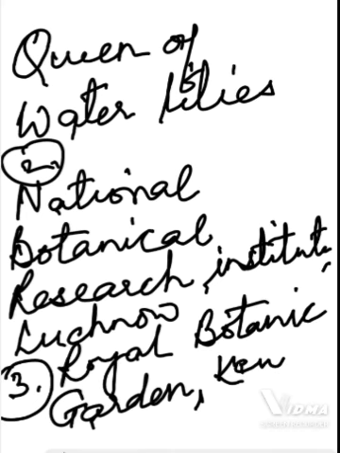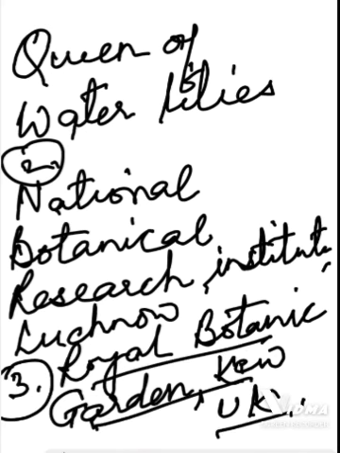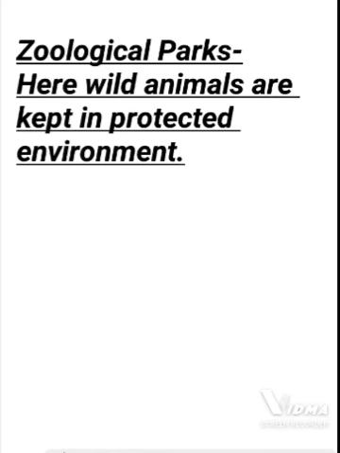This is the largest botanical garden in the world, so that is why you have to remember this one. Now we come to the next taxonomic aid, that is Zoological Park. Now Zoological Park is actually a place where wild animals are kept, that is they are kept in a protected environment, and here people come to study.